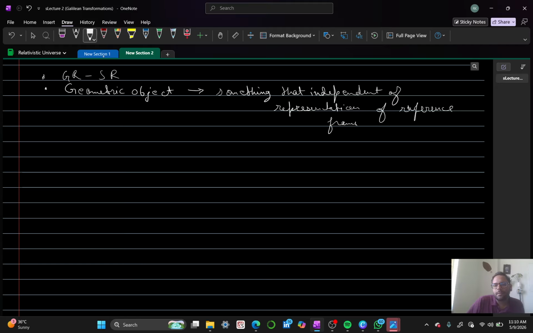A reference frame is defined by a clock, that is a time coordinate, and some spatial coordinates. This is in Cartesian or in r theta phi, whatever you choose. These are spherical coordinates, these are Cartesian coordinates.